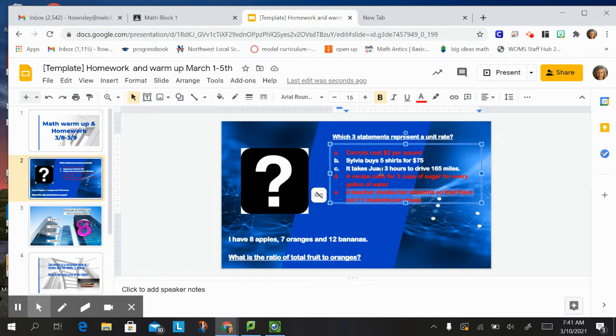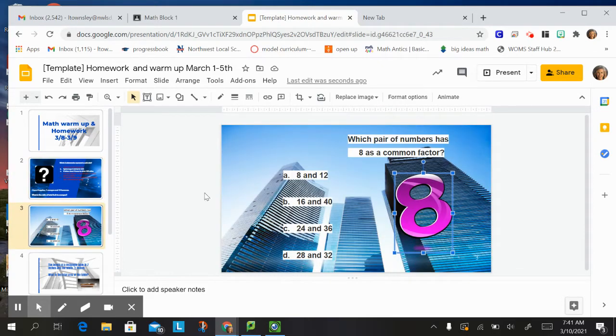And same with this one. 3 hours to drive 165 miles. That's just a ratio. You would have to divide 165 divided by 3, all right, to figure out how many miles he would drive in 1 hour. So those two are not, okay, but A, D, and E are, okay?